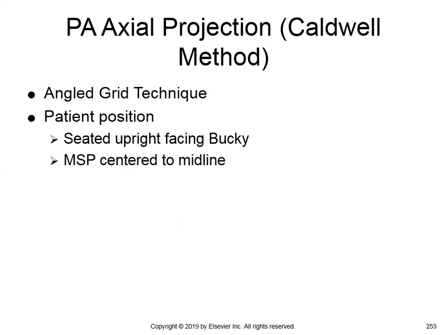So to review the PA axial, that is Caldwell method, what we will do is place the patient's forehead and nose on the image receptor and angle the central ray 15 degrees caudally. In doing so, it projects the petrous ridges into the lower third of the sinuses.